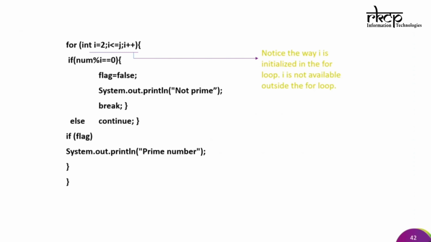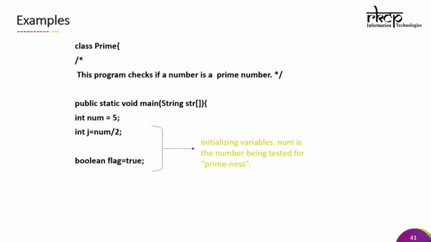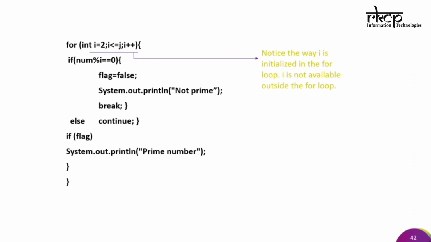Now I want to write one for loop. So here I am writing for int i equal to 2, i less than j, i plus plus, based on the value of j from the previous part. Inside that for loop I want to write an if condition, then the condition, and then the statement.